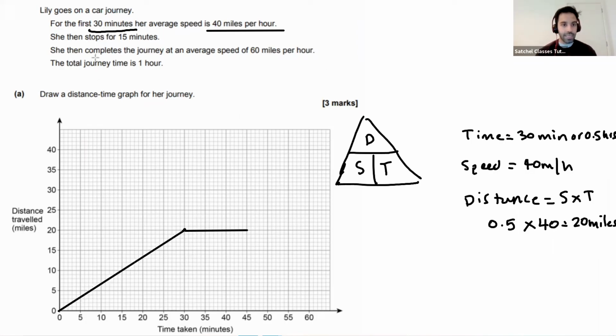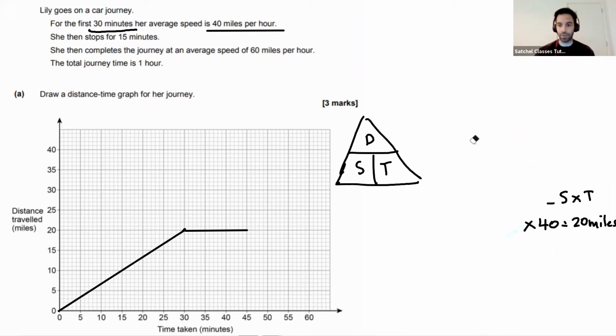And then it says she then completes a journey at an average speed of 60 miles per hour. The total journey time is 1 hour. So that means she's traveled only another 15 minutes, because her journey should finish at 60 minutes. However, again, we don't know how much distance she's covered. So once again, we need to work out the distance covered.